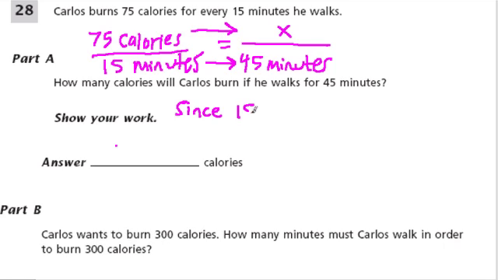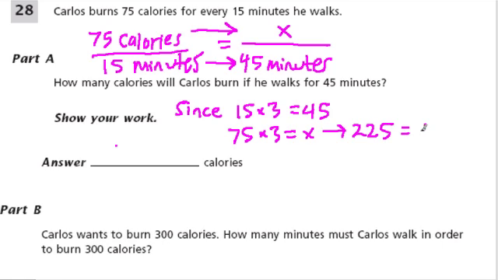So since 15 times 3 gives us 45, we're trying to keep this proportional. 75 times 3 should give us x, and therefore 75 times 3, which is 225, is our x value. And we can also check it this way: 15 times 5 is 75, isn't it? Yes. So 45 times 5 should give us 225, and it does.